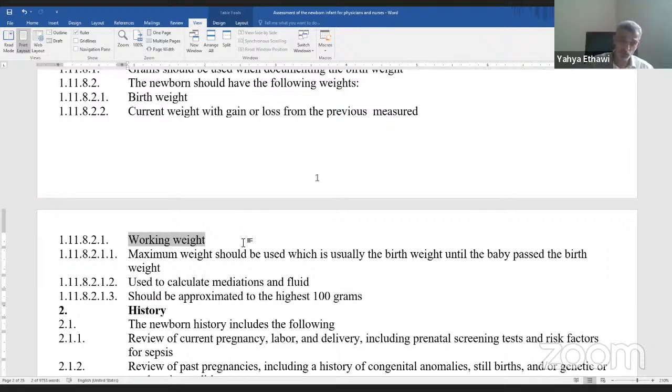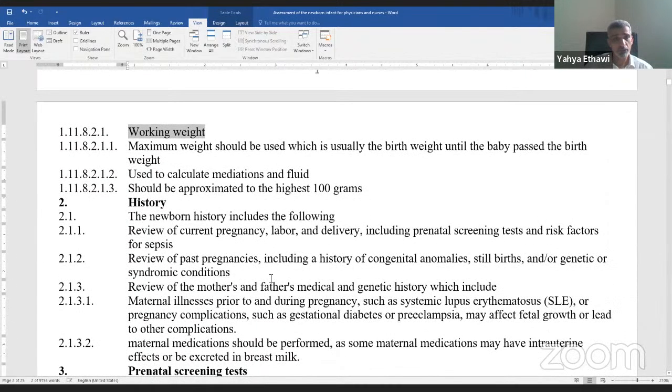When we change the working weight, we change it by 100 grams. So if the birth weight or the current maximum weight is, let's say, 1012, then the working weight is 1.2. If it is 919, then the working weight is 1 kilogram. It's very important for the nurses and the physicians to use the same weight.